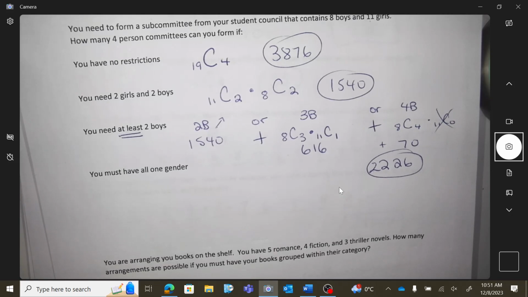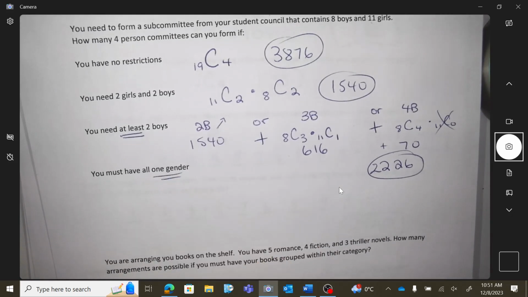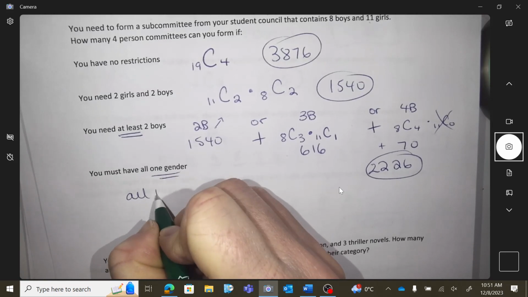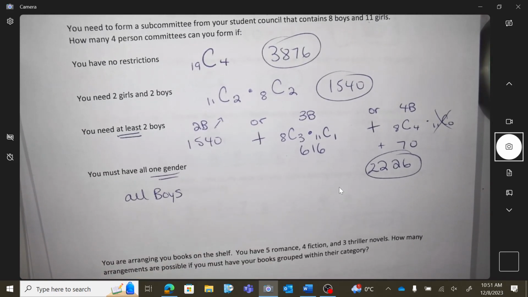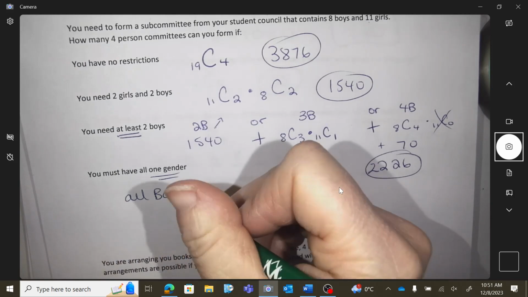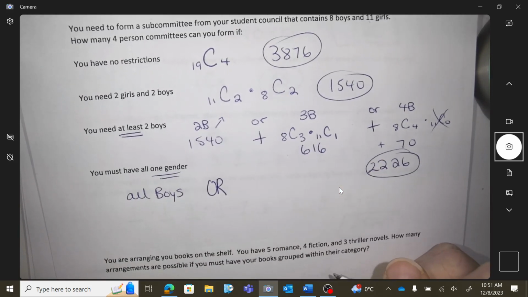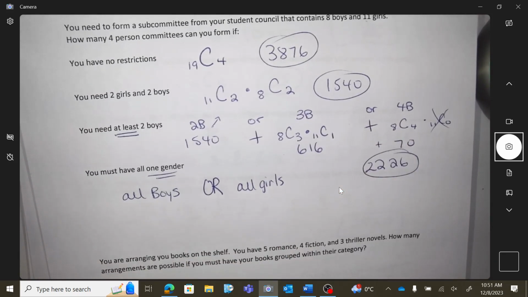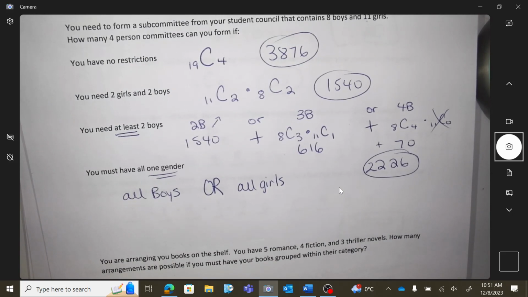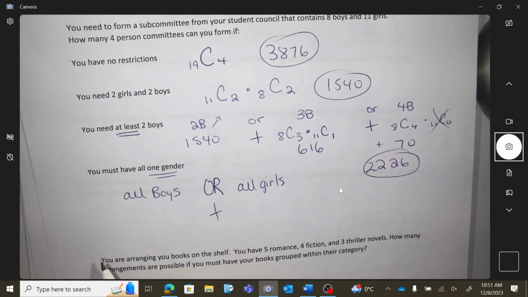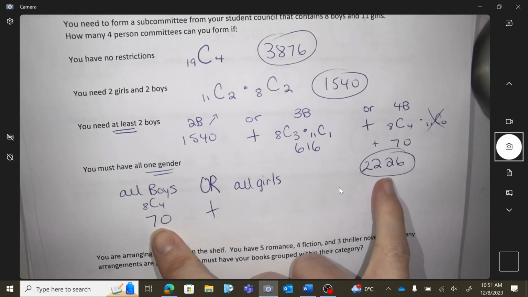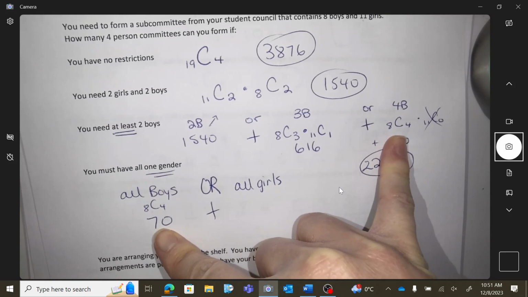This committee must have all one gender. So there's scenarios again. What could you do on your committee? You could make a committee that's just full of all boys then. Or, what's a different scenario? You could have just been putting girls on the committee instead. So we already did this one right there where we put 4 boys on there.